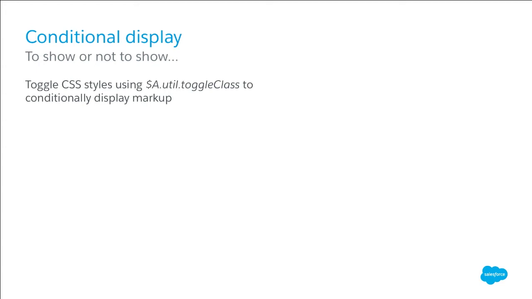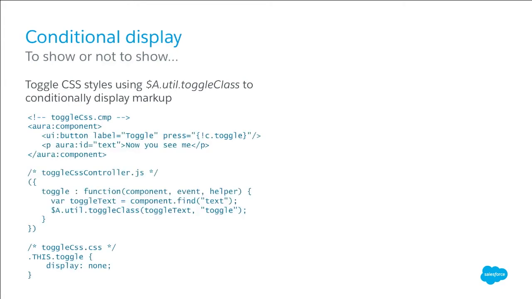So CSS toggling is a way of showing or not showing a part of markup based on the CSS class that it's using. So you probably can do something like this. If you look at the bottom, there's a toggle.css. It says display none. And when that class is being used, that part of the markup or div will not appear. As simple as that.